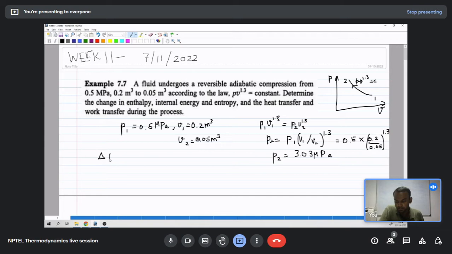So delta H is equal to integral dH, and we know dH is given by V dP. From the expression we can calculate V as P1 V1 power n divided by P, the whole power 1 by n.